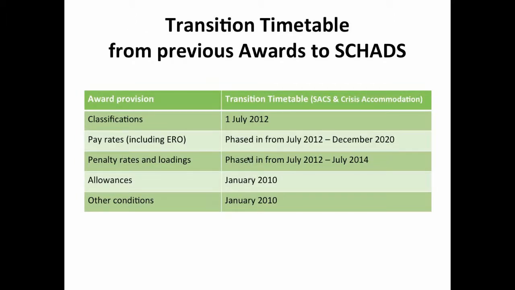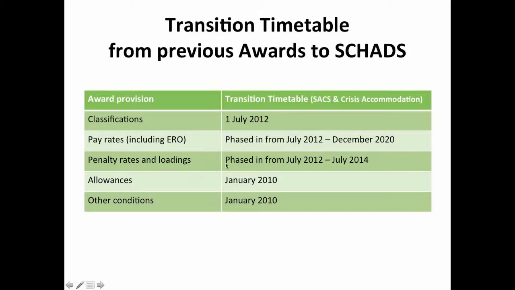In terms of the transition timetable, moving from our old SACS awards, or the old Victorian awards across to the SCHADS award, from the 1st of July last year we had to have done the classification translations over to the Modern Award classifications. In terms of pay rates, including the Equal Remuneration Order, they started phasing from July last year, but the first implementation of the Equal Remuneration Order was payable from December last year.